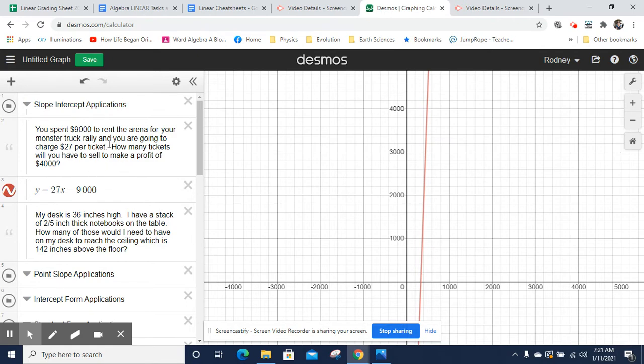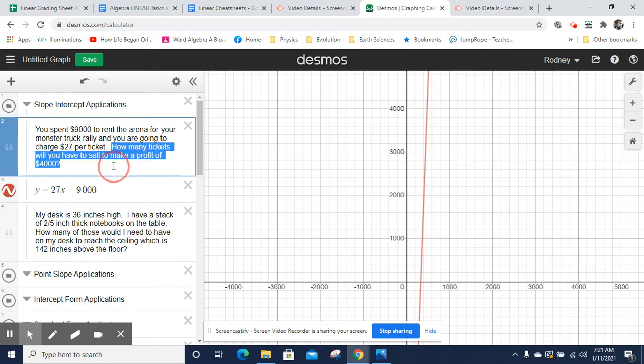How do we use it to solve this question? How many tickets are you going to have to sell to make a profit of $4,000? Well, Y, it turns out, is the output. It's the amount of money you have made. It is your profit because it is the number of tickets sold, that's X, times the price per ticket minus what you already spent.